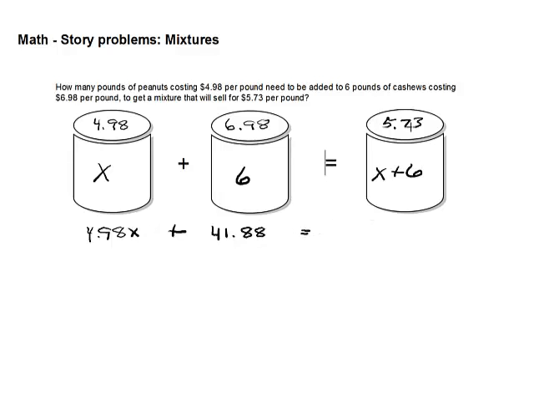And in this case, again, we have to take this 5.73, multiply it by the X, and multiply it times the 6. So 5.73 times X would give us 5.73X plus, and then 5.73 times 6 is going to give us 34.38.